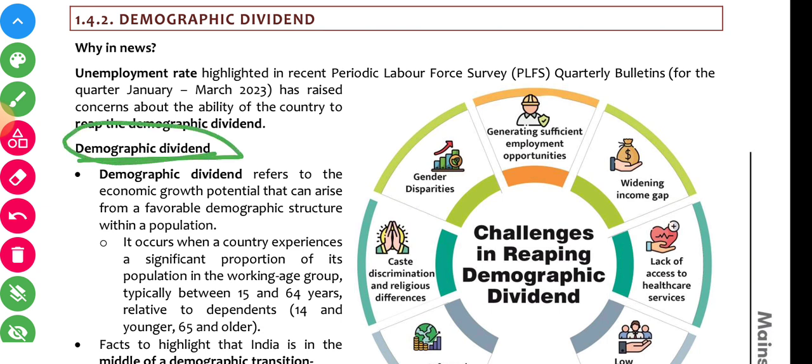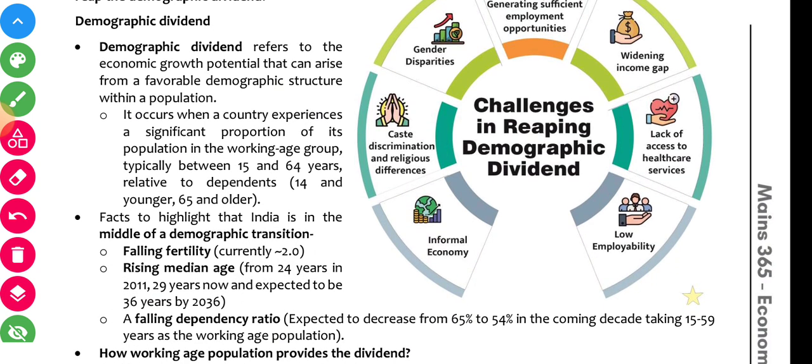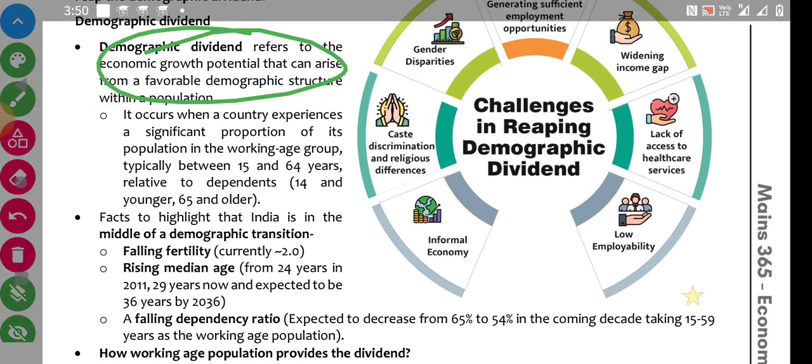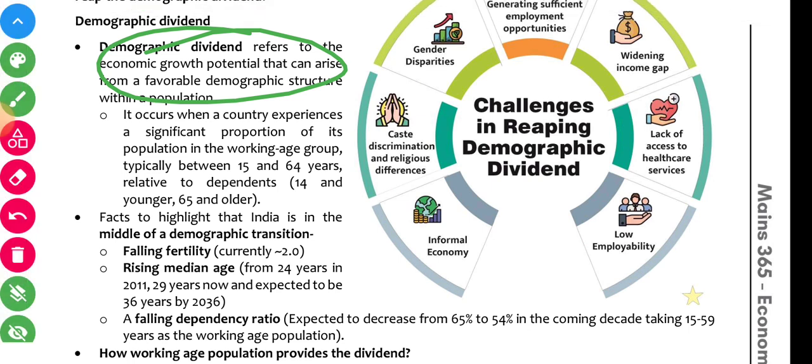What is demographic dividend? Demographic dividend refers to the economic growth potential that can arise from a favorable demographic structure within a population. You can remember this definition for the introduction of your answer writing.